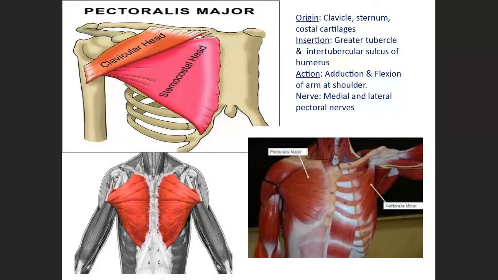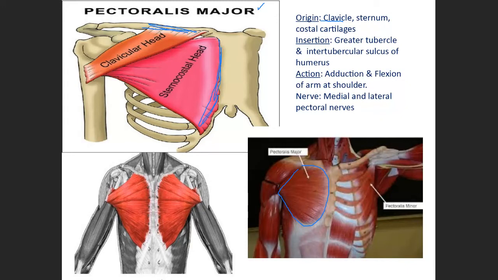So let's go around the anterior portion of the chest, and on a model, you'll see the pectoralis major, or the pecs. You've heard of those, right? So the pectoralis major, there's two heads. One head originates on the clavicle, and the other head originates on the sternum and some of the costal cartilages.